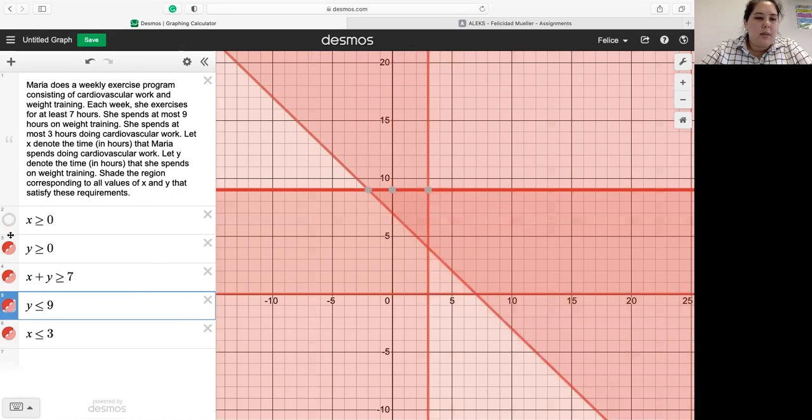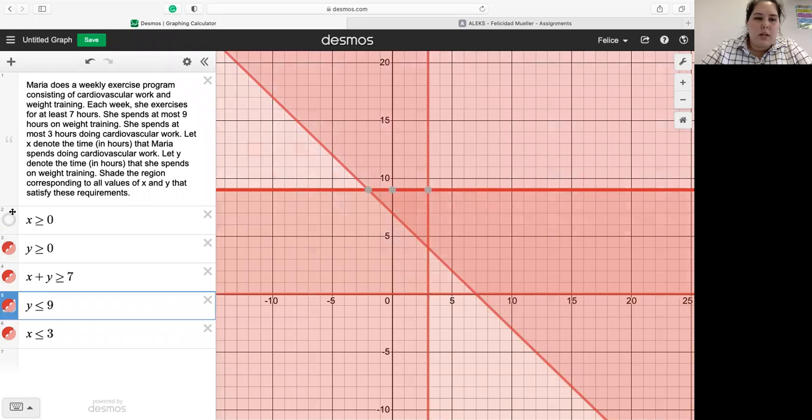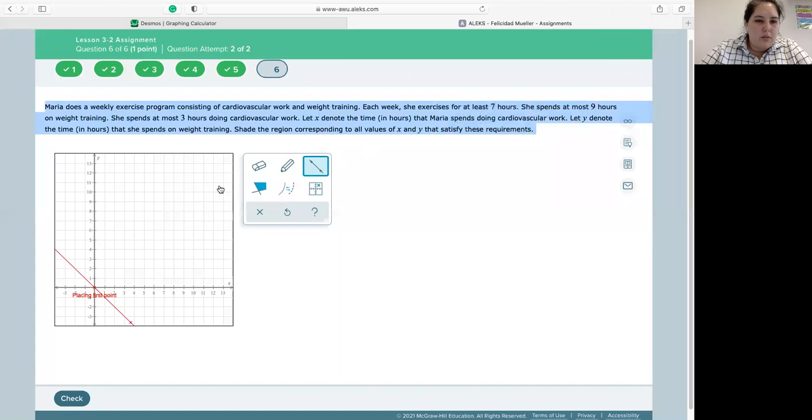And one thing I might do to figure out where it is, as you undo, you can start seeing where they overlap. And it's going to be this little pentagon here. So we can go ahead and graph this.